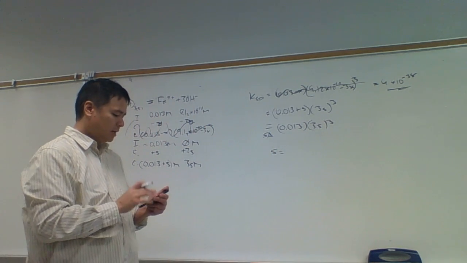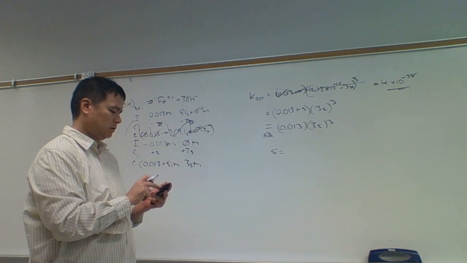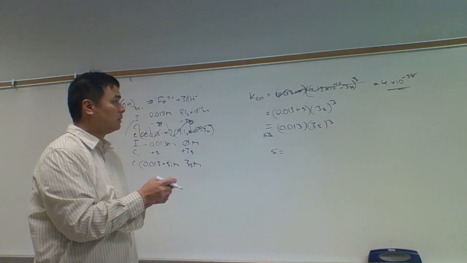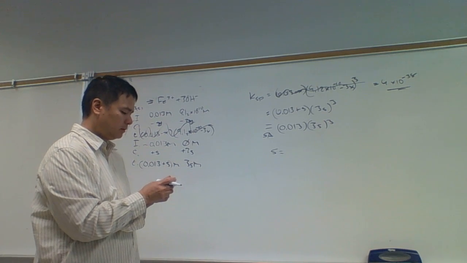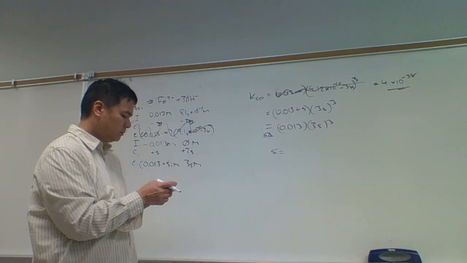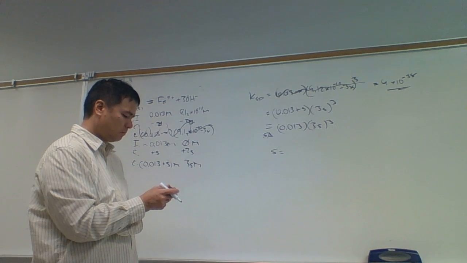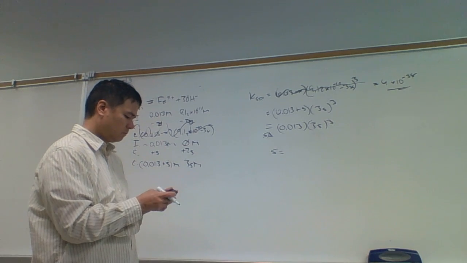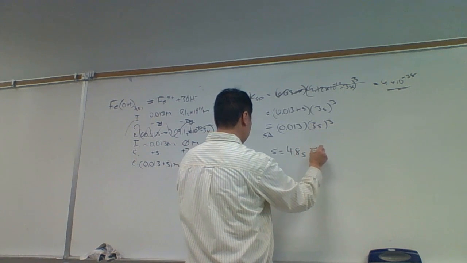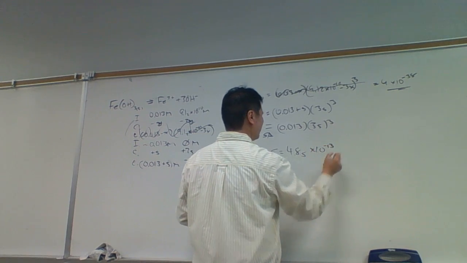I'll just do that on my calculator here. I'm getting 4 times 10 to the negative 38, divided by 0.013, divided by 27, and then we take the cube root of that. S is about 4.85 times 10 to the minus 13.